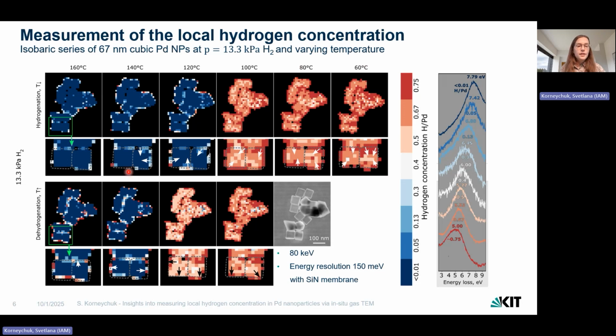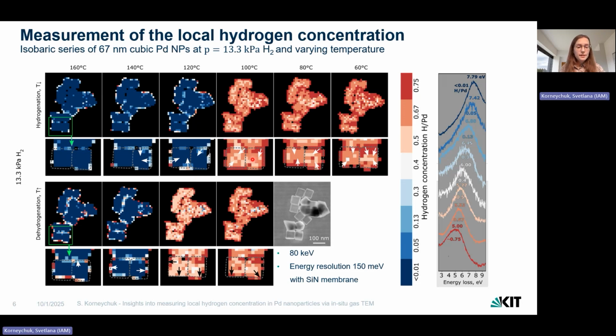So at the beginning, before the phase transition, the core of the particles, these are two particles marked by the dashed line, remain in the solid solution phase. However, the surface of these particles starts to hydrogenate, forming some intermediate concentrations in between solid solution and the hydride.